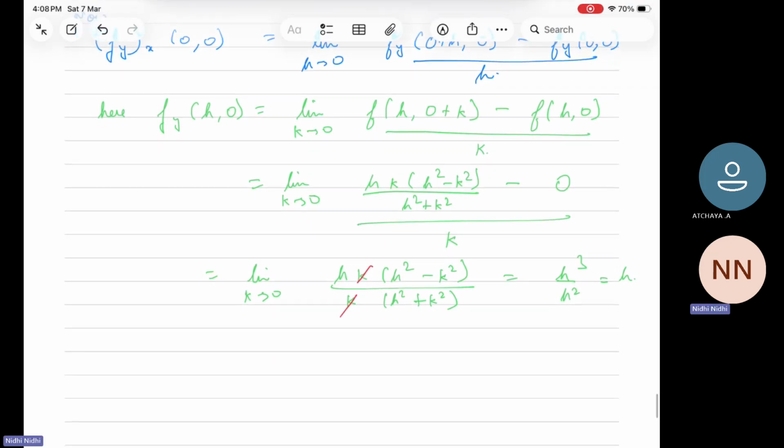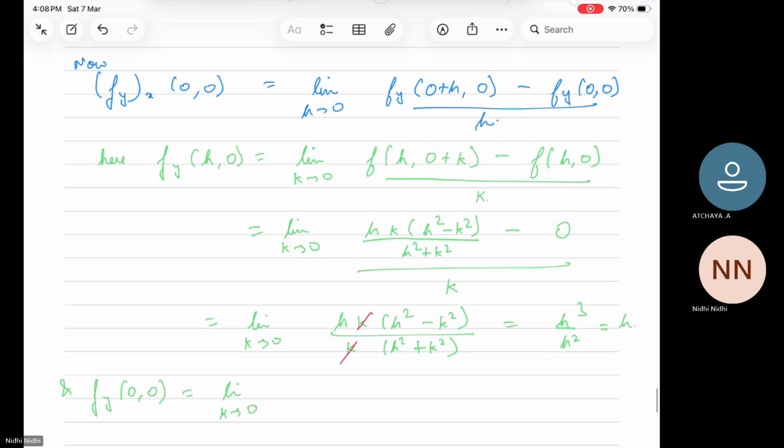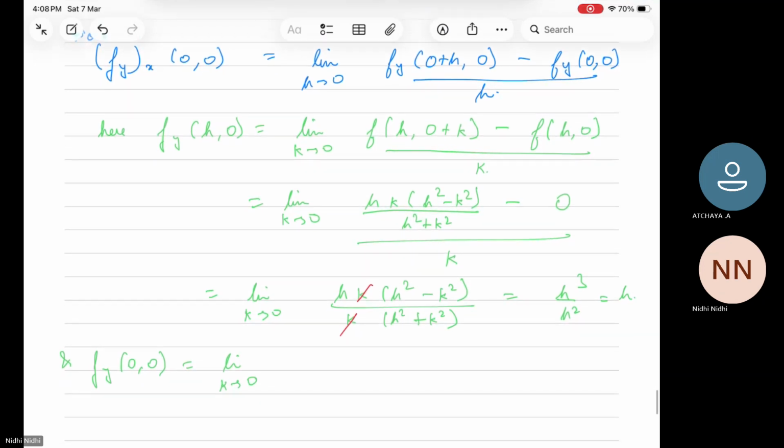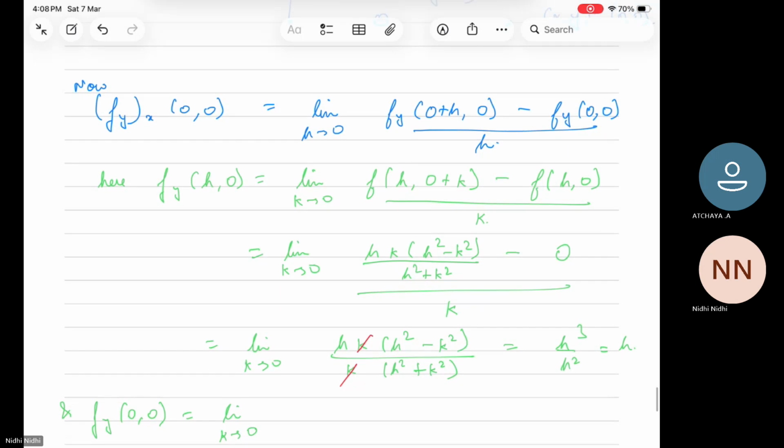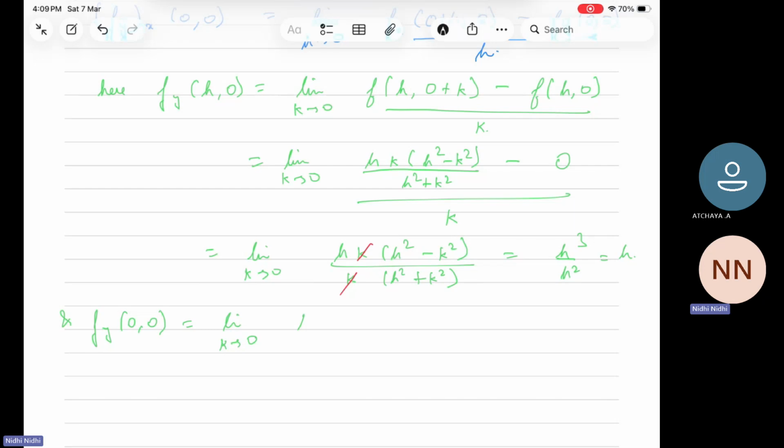And similarly, let's find fy at (0, 0). This is limit k tending to 0 of (f(0, 0 plus k) minus f(0, 0)) upon k.